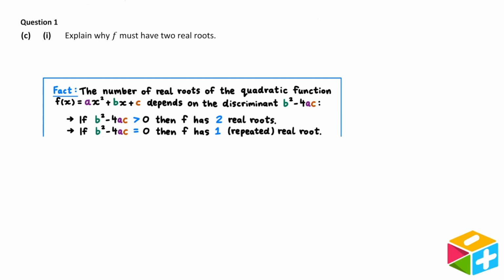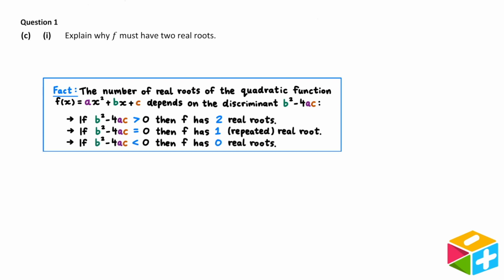If b squared minus 4ac is equal to 0, then f will have 1 repeated real root. If b squared minus 4ac is less than 0, then f will have 0 real roots. In summary, whether the discriminant is positive, 0, or negative will tell us how many real roots the function has.